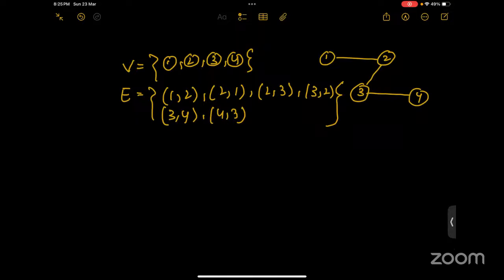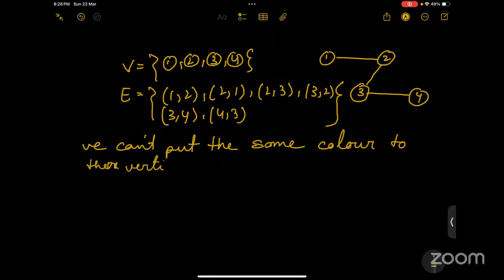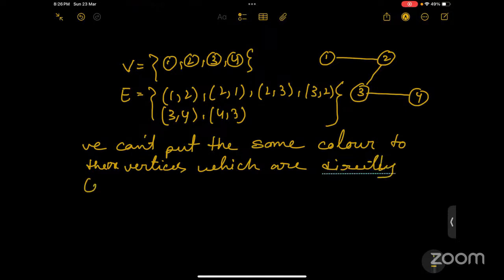So if I say that means we can't put the same color on vertices which are directly connected by an edge.